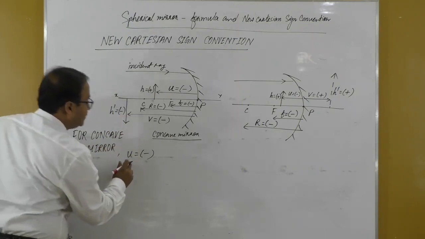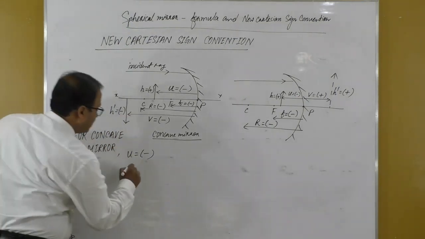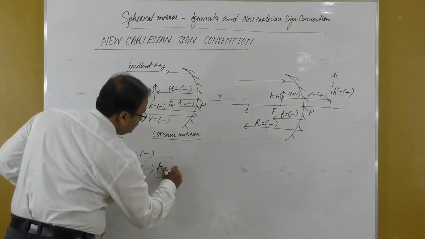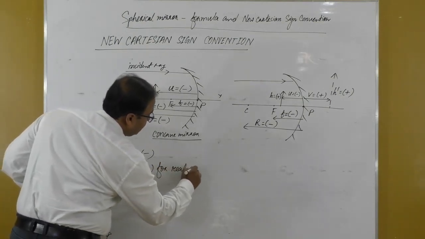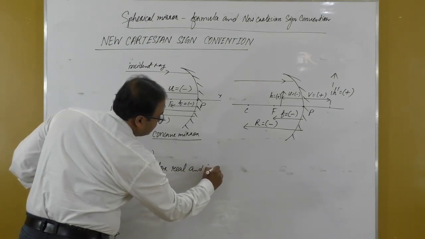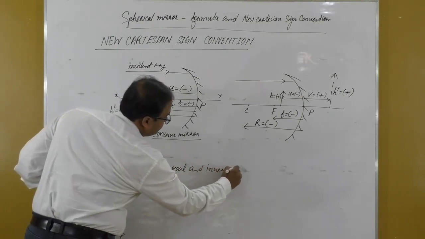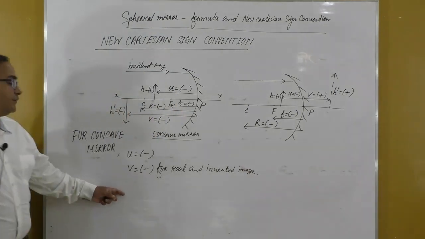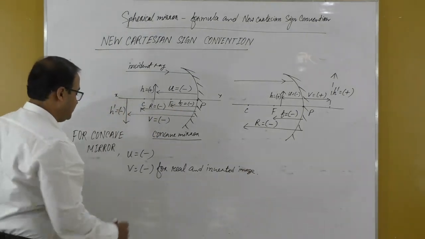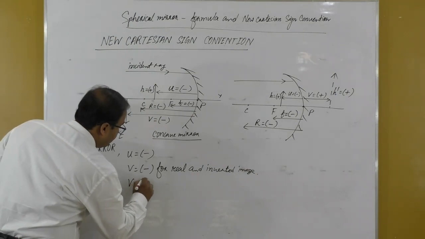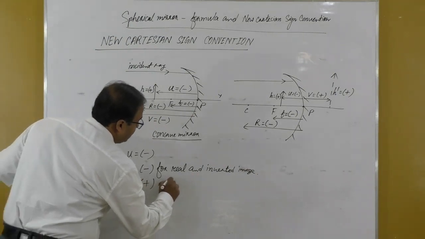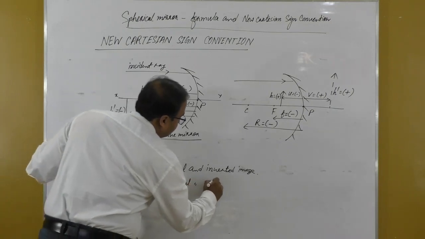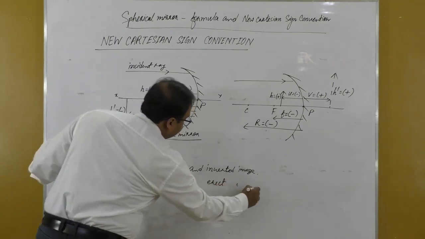For concave mirror, you can write u is always negative. V is negative for real and inverted image. V is positive for virtual and erect image.